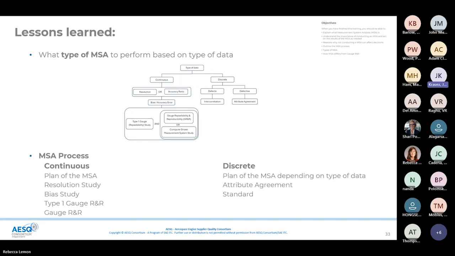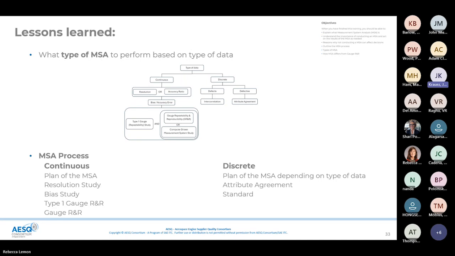There's plenty of resources out there that describe what the full plan should look like and what should be considered. Also for continuous data, conducting the resolution or accuracy ratio study, then your bias study, then your type 1 gauge R&R, which is only looking at the one operator, one part, multiple times variation, and then your gauge R&R, which is getting into your repeatability and reproducibility. So multiple operators, multiple parts.